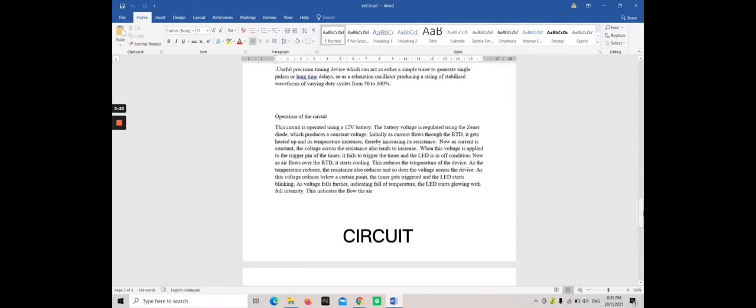Okay, we move to the working or the operation of the circuit. The circuit is operated using a 12 volt battery. The battery voltage is regulated using a Zener diode which produces a constant voltage. Initially, current flows through the RTD, it heats up and its temperature increases, thereby increasing resistance.